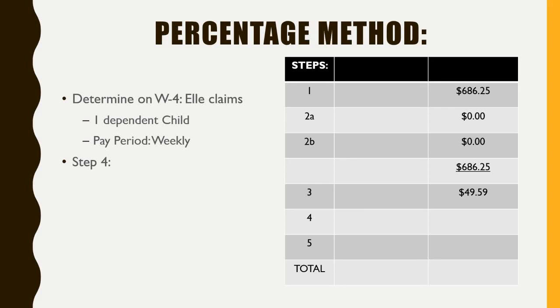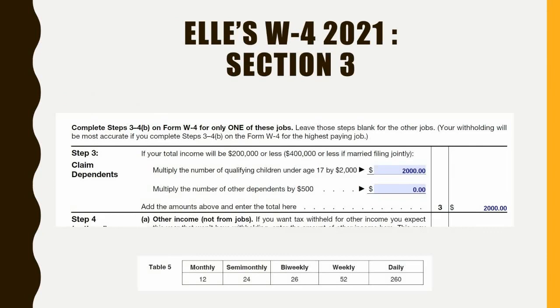In this case, this one happens after you get taxed. Very weird. So she decided to claim her child, and the pay period is weekly. We have to check what her W-4 form says. Her W-4 form says she claimed one child, so that means it's $2,000.